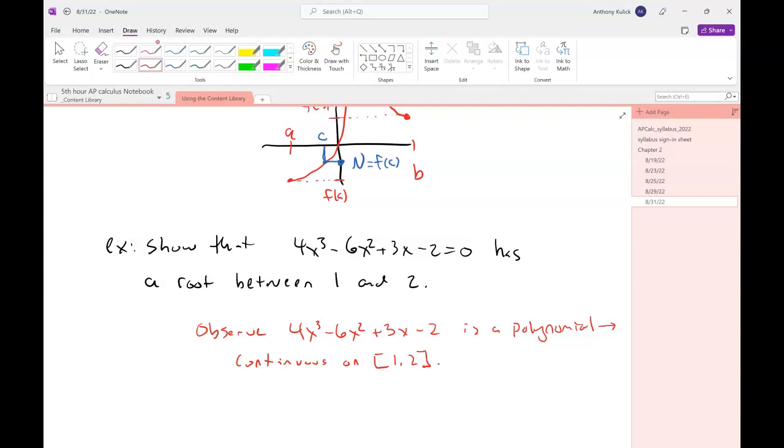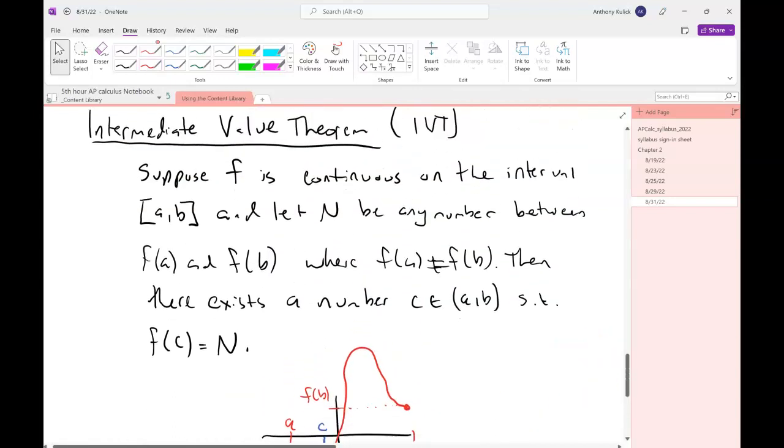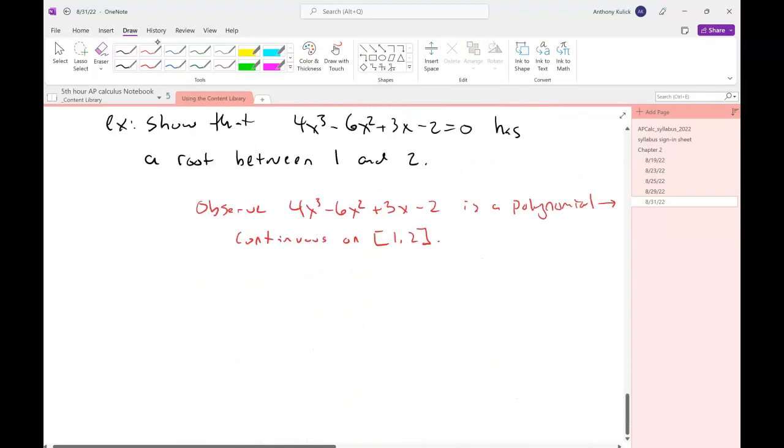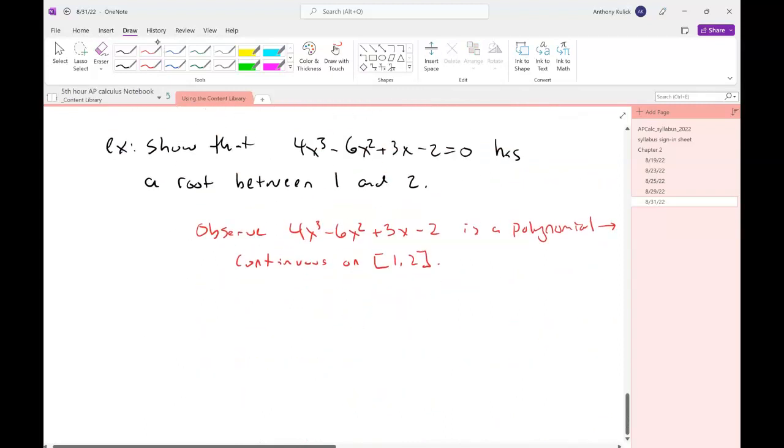Everybody good with that? Because that's the first thing in my theorem, right? I need f to be continuous. So my first step is going to be, I've got to be continuous on the interval in question. Everybody solid there? Now I'm going to call this f of x just for some notational ease.